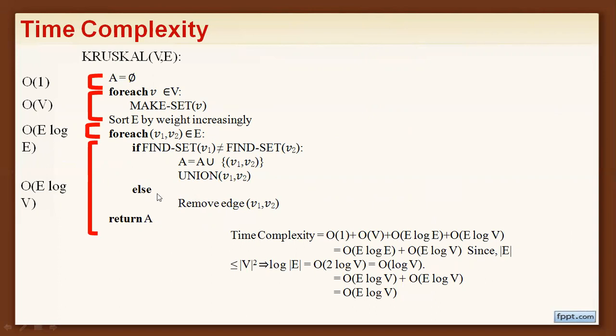And when an edge is found and removed, that is E into log V also. So finally, the total time complexity is order of E log V. Order of E log V is the total time complexity of Kruskal's algorithm.